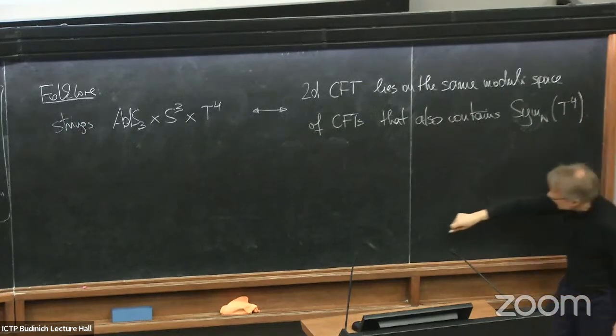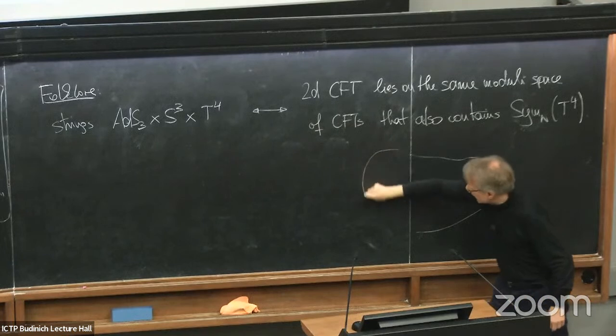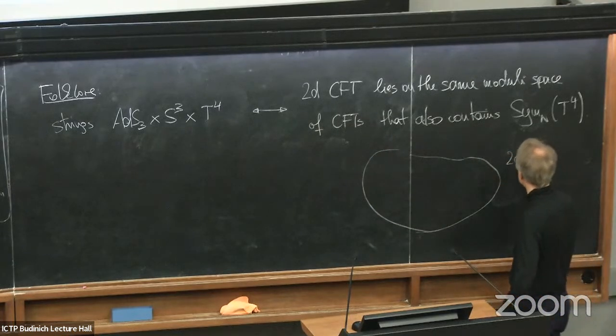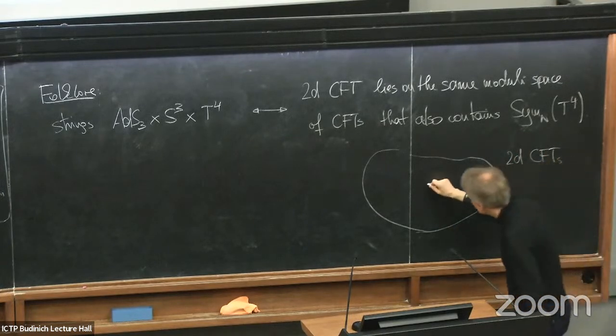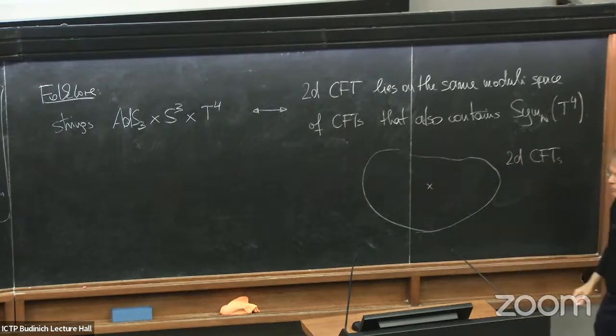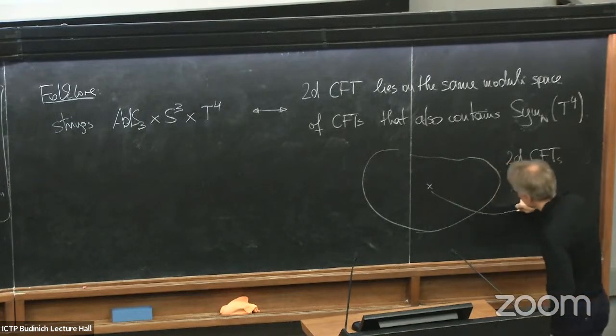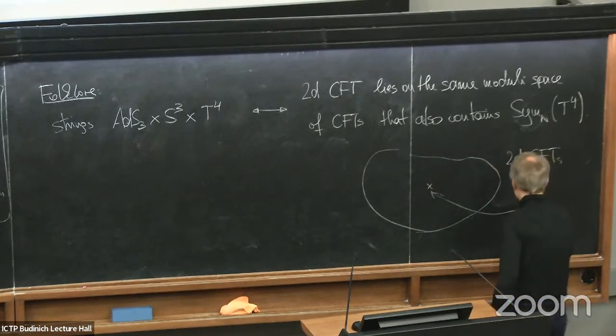So what's the picture here? The picture is here, we have some moduli space of 2D CFTs. So every point in this diagram is a two-dimensional conformal field theory. There's one point here, which is the special point. That is the symmetric orbifold of T4. And I'll later review for you what this is.